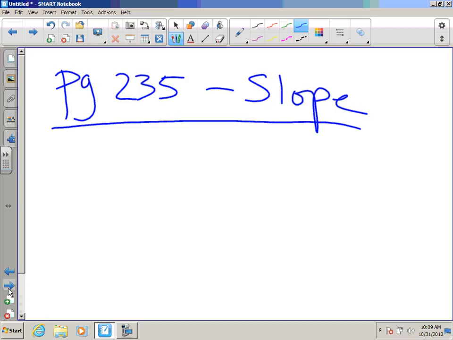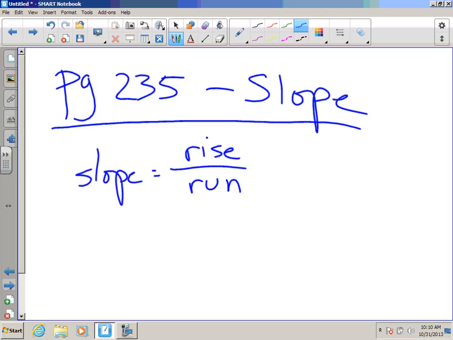Okay. And it's what they call, when we think of slope, we think of rise over run. And I remember that from when I was in algebra class way back in the day.